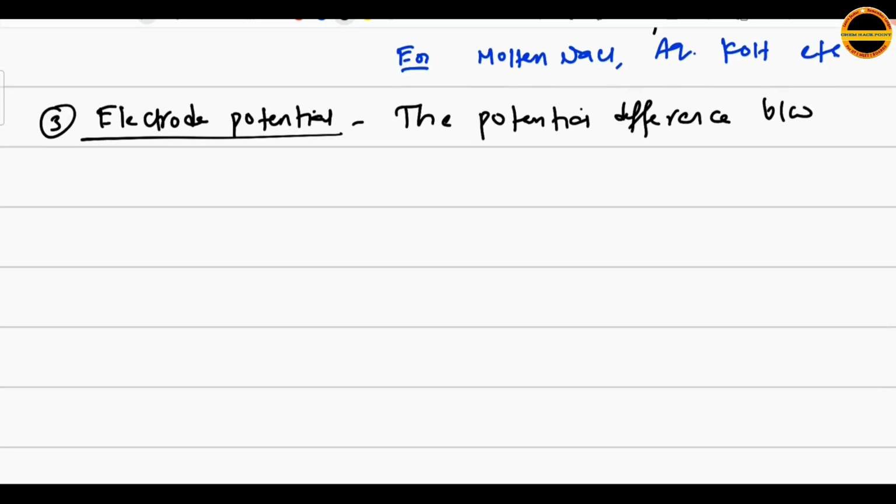The potential difference between electrode and electrolyte is called electrode potential.